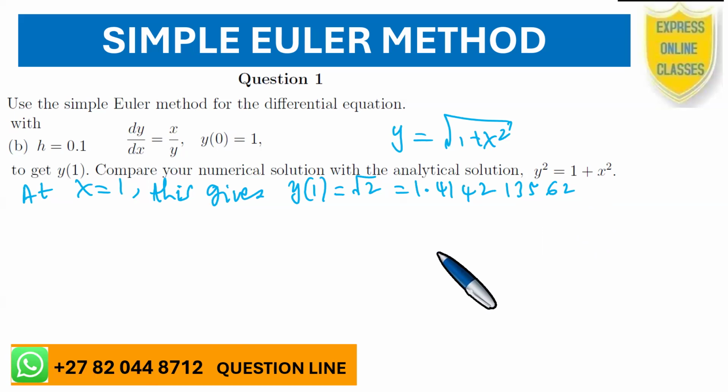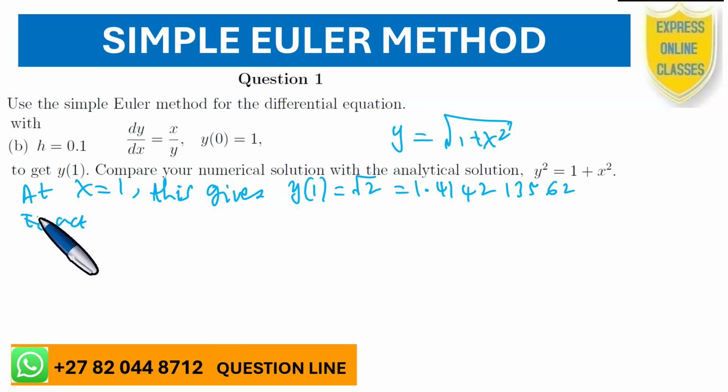In the case of the simple Euler method, I want us to discuss this comparison with the analytical solution that they said in this exam must be compared. But also we have here the use of our table, the exact solution.